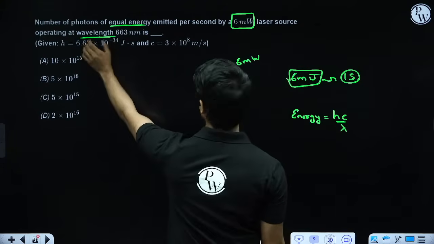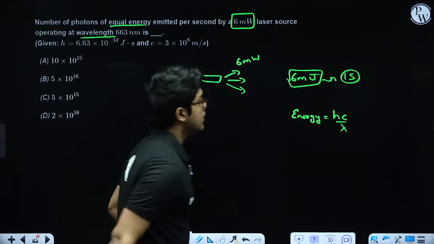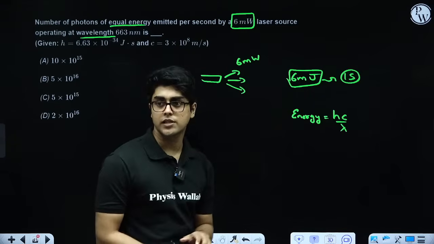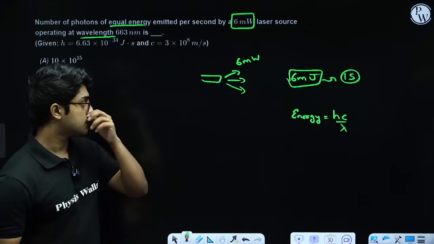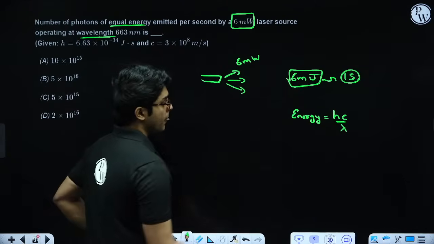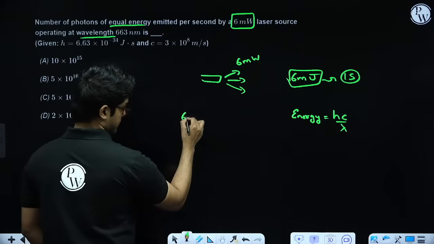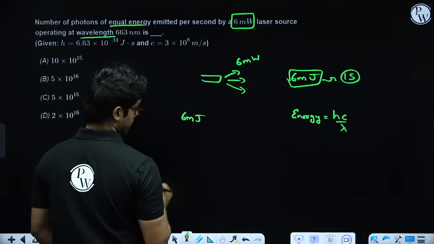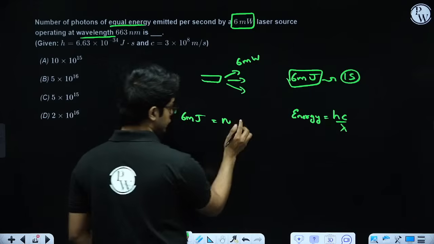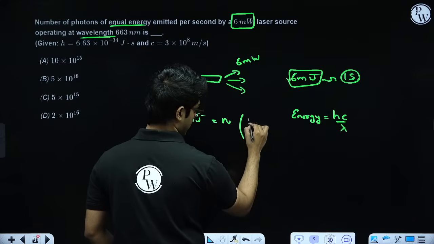Here we are given the wavelength, so we'll use hc by lambda. Now let's say in that 1 second in which 6 millijoules of energy was released, there were n photons. Each photon had an energy of hc by lambda.